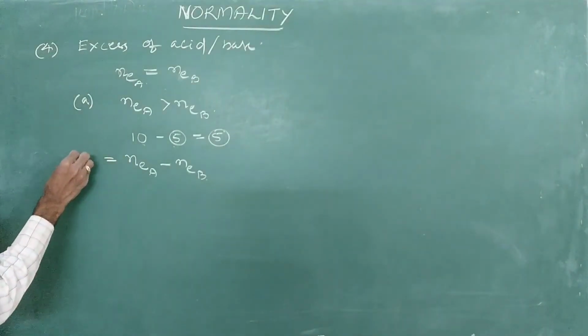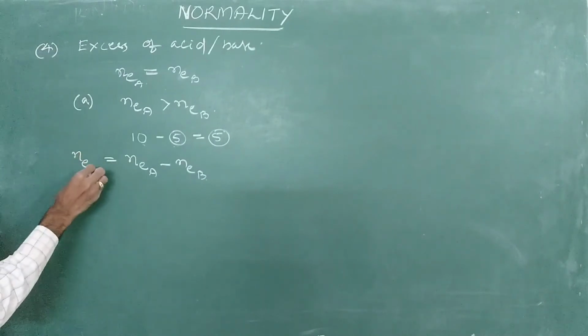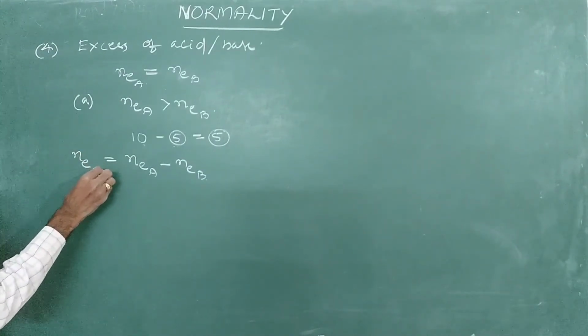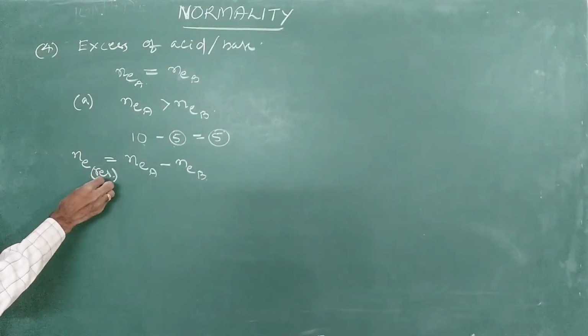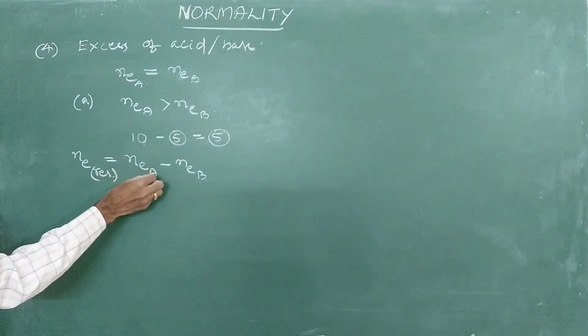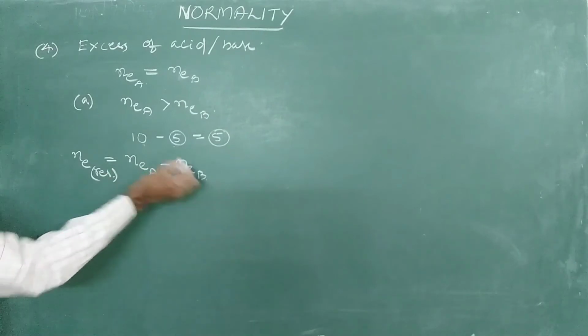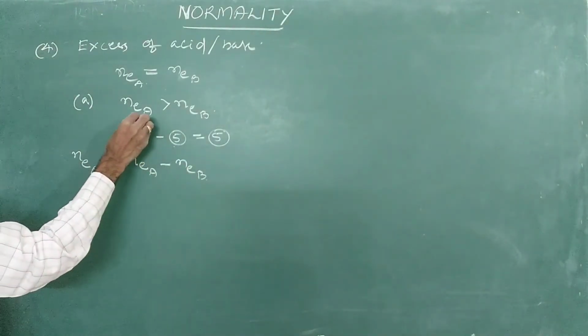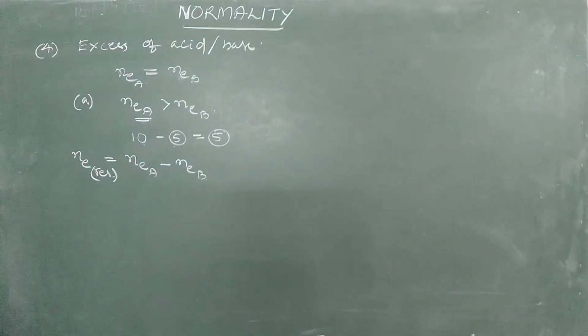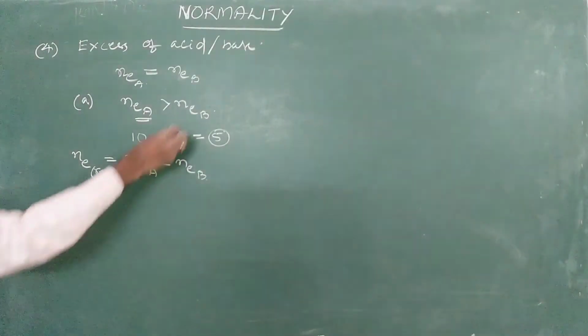So let us say this is number of equivalents of the resulting solution. Number of equivalents of resulting solution or acidic solution is equal to number of equivalents of acid minus number of equivalents of base. This is when number of equivalents of acid is more than number of equivalents of base.